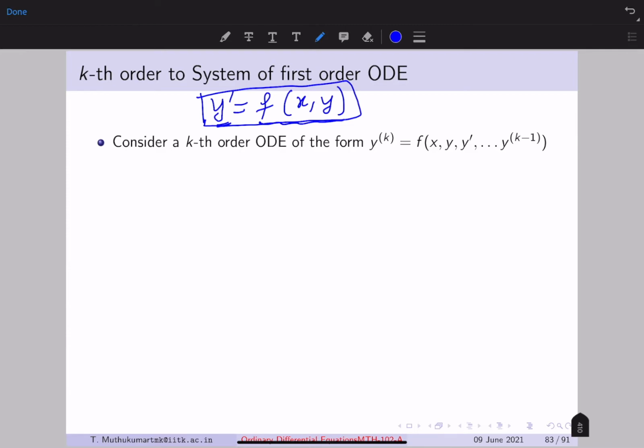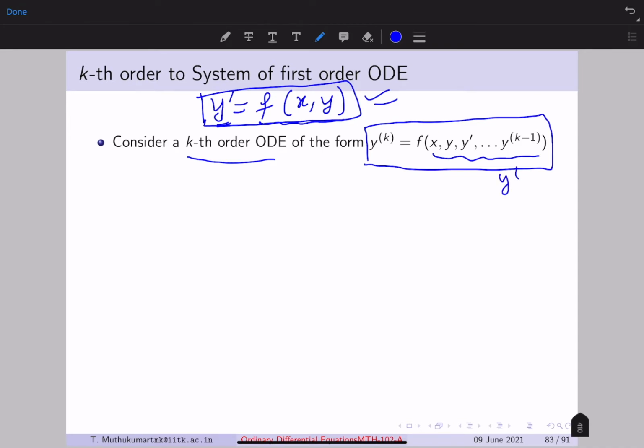Okay, so now we are going to look at a kth order ODE of similar form, which is the kth derivative equal to f of all its arguments, which depends on x and y and all derivatives of y up to k minus 1. So there is no y^(k) derivative in this f here, the way you did not have a y prime in this f here, right?